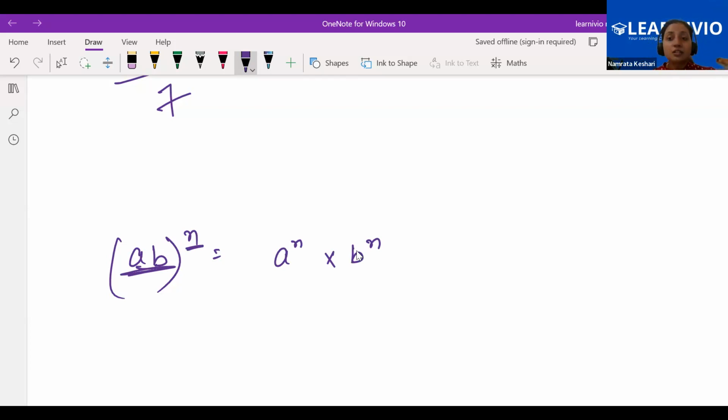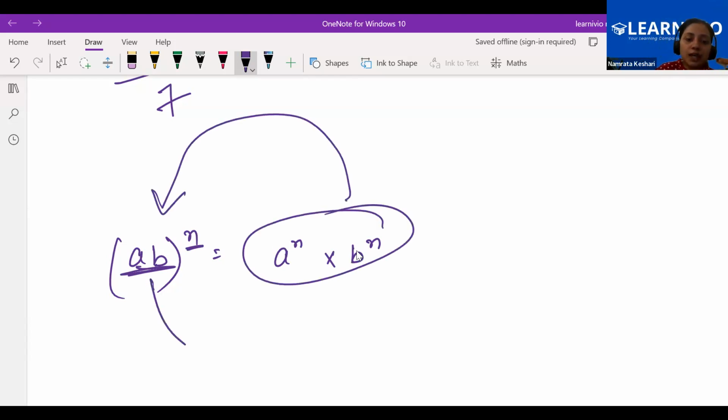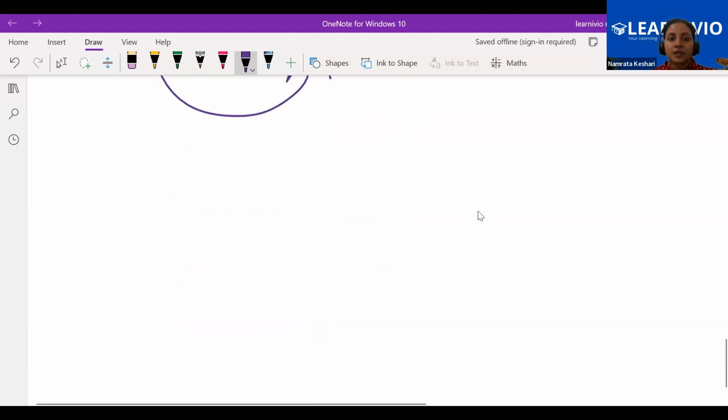A will take its own power and b will also take its own power. This is how we are supposed to write it. Accordingly, in the question we will do the changes. So far, is it clear? Yes, ma'am.